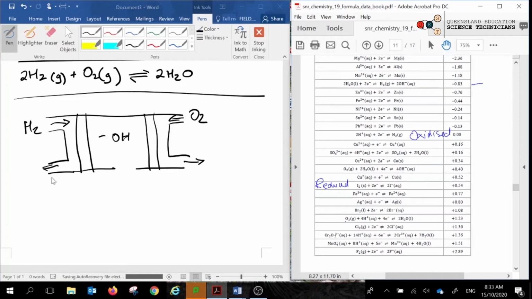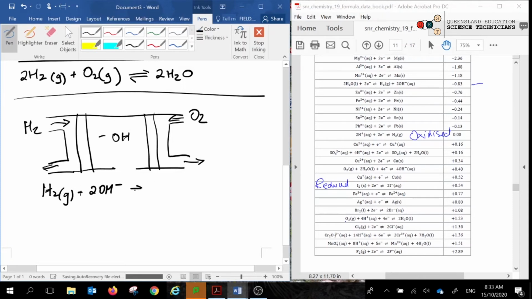So in this case, we have our oxidation of the hydrogen. And in this case, we're also going to need 2 hydroxide ions, and then that will make my 2 waters and my 2 electrons. And I need to look for an oxygen that also has hydroxide ions in.